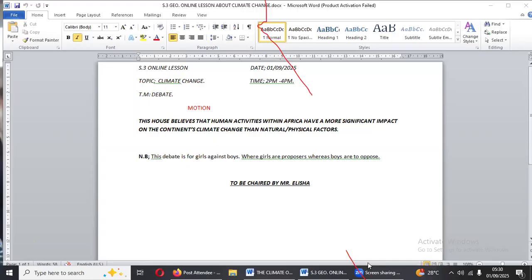That means there is a change in climate. So we need to see what causes that. Could it be the natural factors or human activities? We have been having this type of climate, but now we are thinking that everything is changing over time.